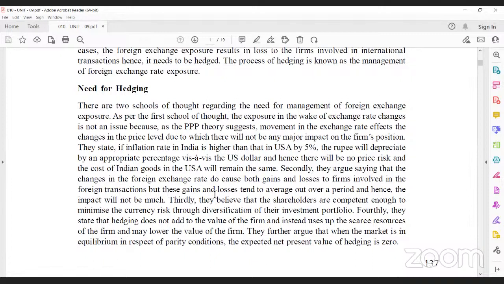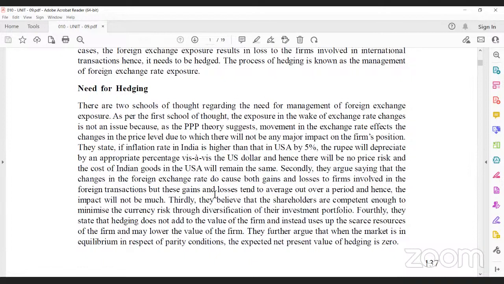Now to start with, what is hedging in finance? It is an investment that an investor makes. Hedging reduces the price risk of an existing position.